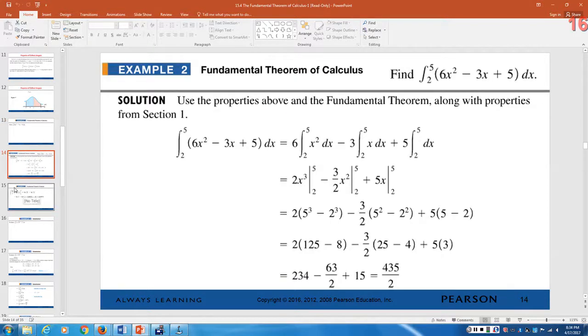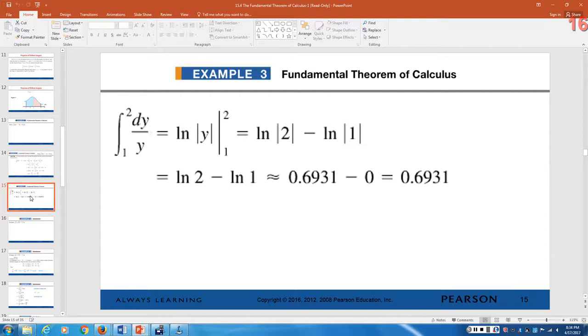So the steps are all listed there, and we'll try another example.